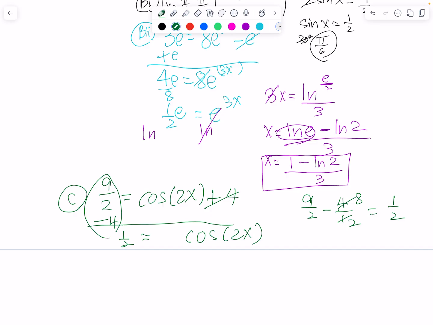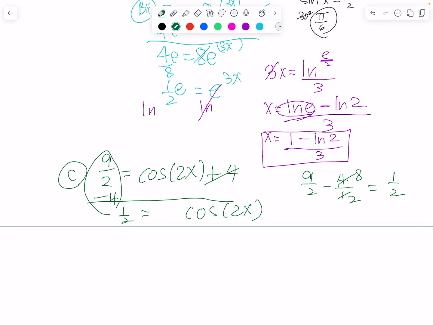Now, cosine of what will give us a half? Well, that would be cosine of 60 degrees. And although we don't use degrees in AP Precalculus, it just helps us to remember what radian would go with that. So 60 degrees is pi over 3. So we know cosine pi over 3 is half.